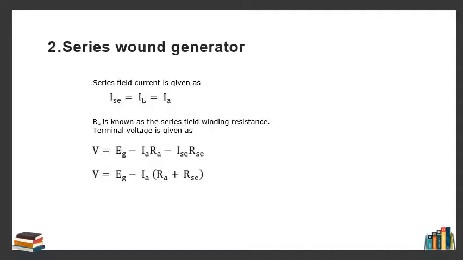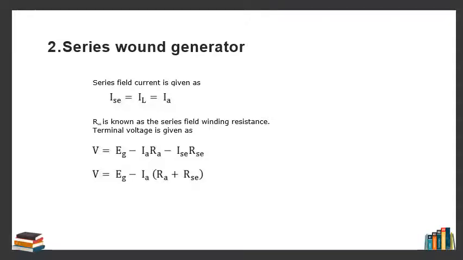Now the series field current is denoted as ISE: ISE equals IL equals IA. RSE is known as the series field winding resistance.